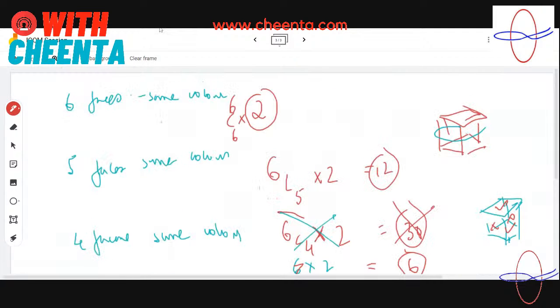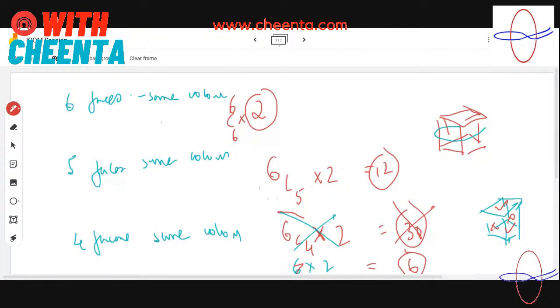So this is suggested by one of your friends, Sauradip, and he told it this way. He told us to consider the number of faces of the same color.